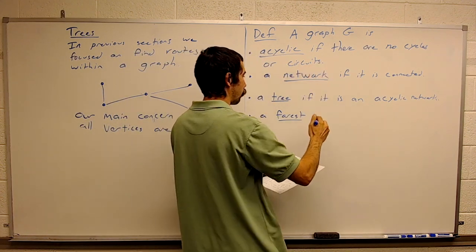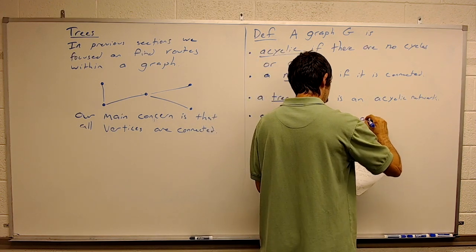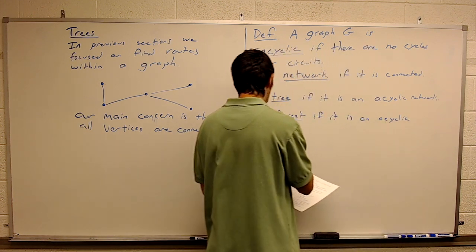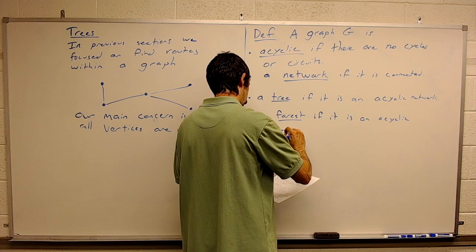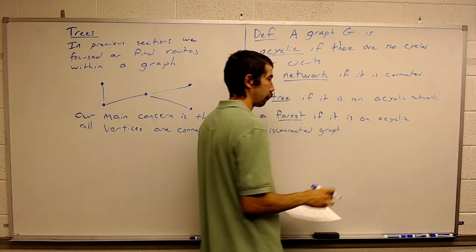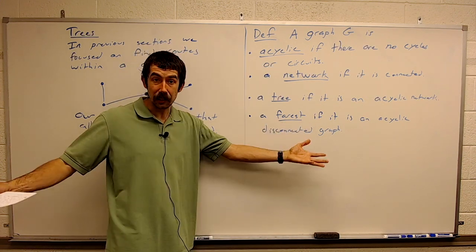So a graph G is a forest if it is an acyclic disconnected graph. Okay, so each of the components of the graph would be a tree, and then the whole thing is a forest.